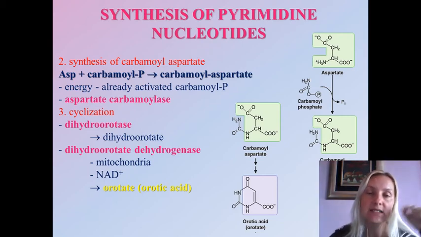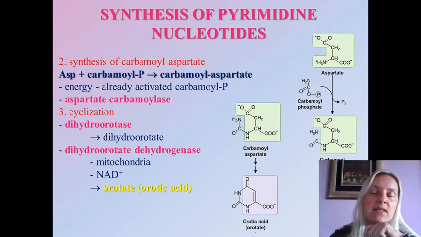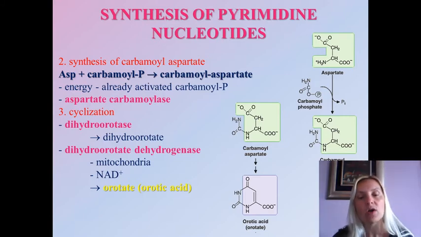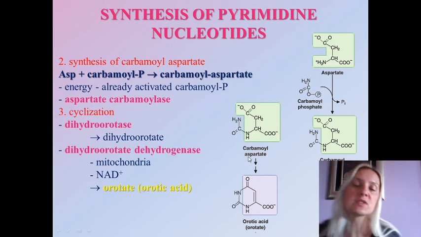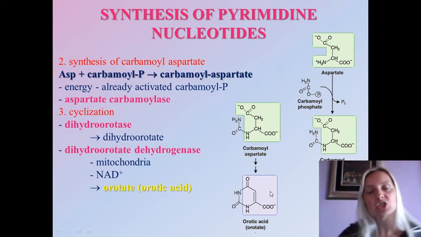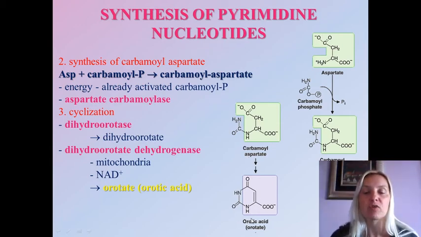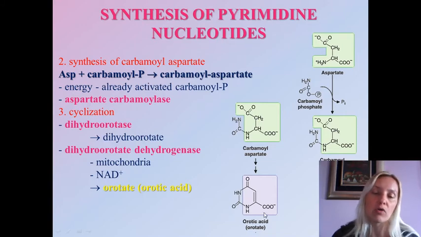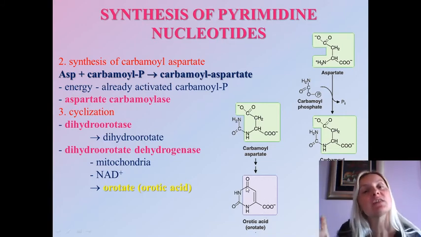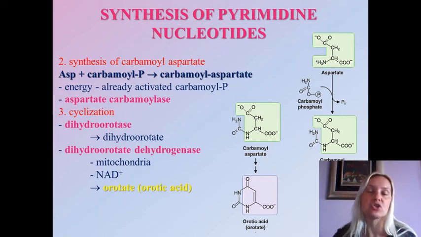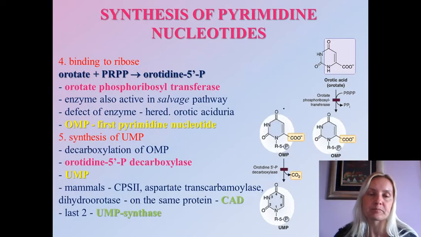The rest of the enzymes are located in the cytosol, and it requires NAD plus as the acceptor of reducing equivalents. So if you take a look here, the final product of those two steps in reaction number 3 is the formation of orotate, or orotic acid, which is the first pyrimidine base synthesized during this pathway.